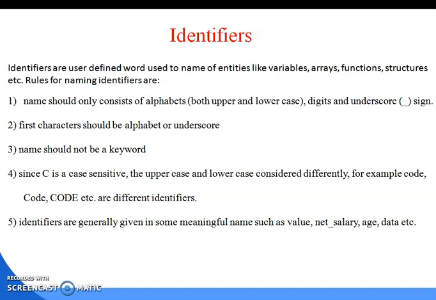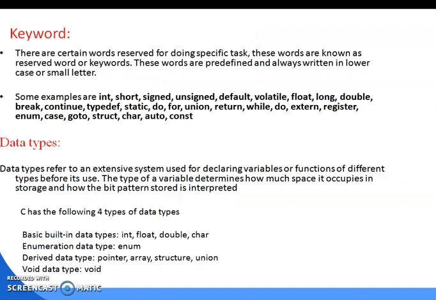For example, COD and code are different identifiers. Identifiers are generally given meaningful names such as value, command, net salary, age, data, etc. These are the rules for making identifiers.